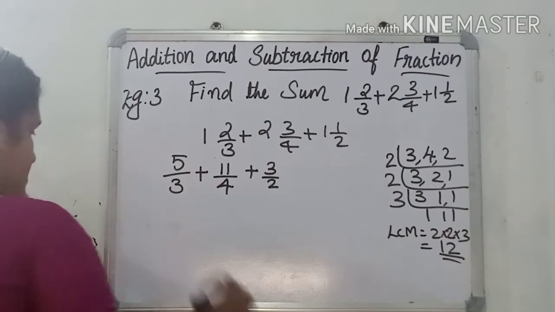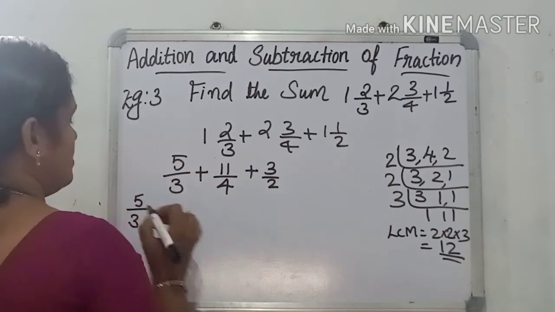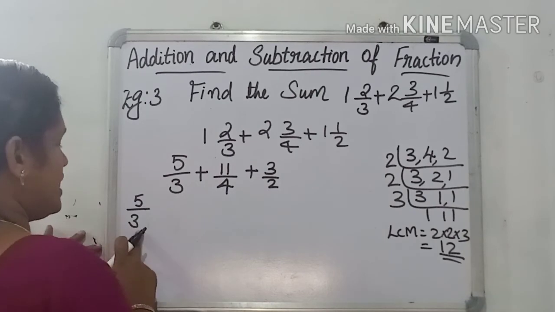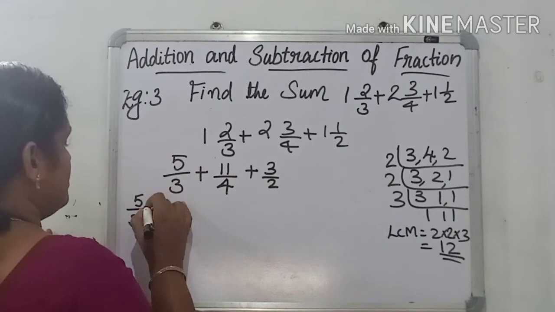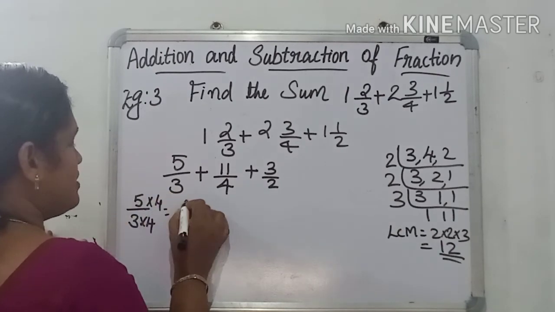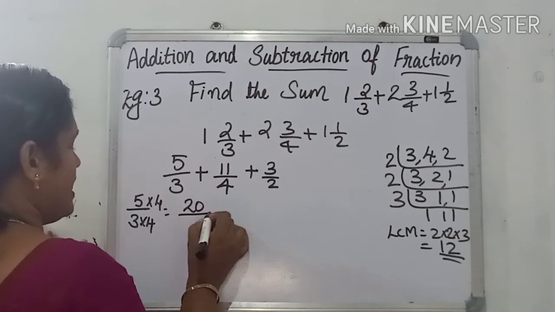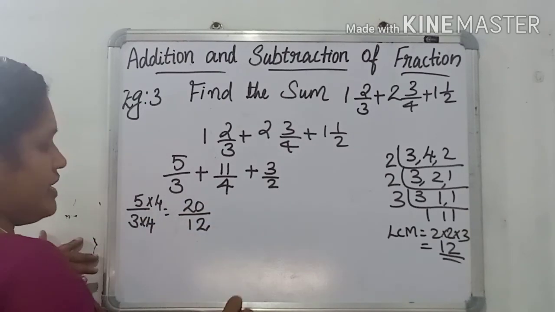Then 5 by 3 equals 5 by 3. To convert 3 into 12, we should multiply here by 4, which is equals 5 4s are 20 by 3 4s are 12. Okay.